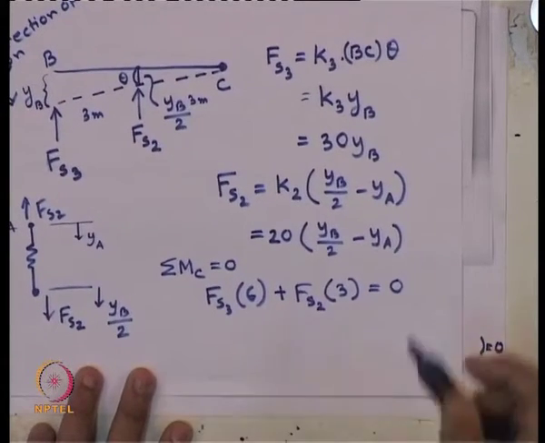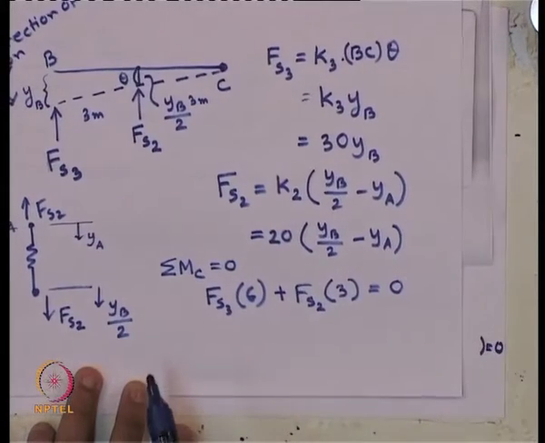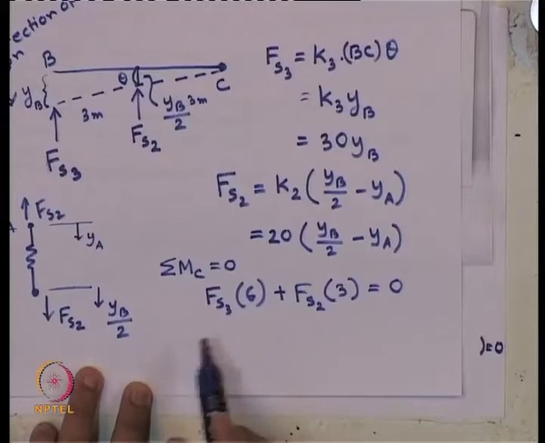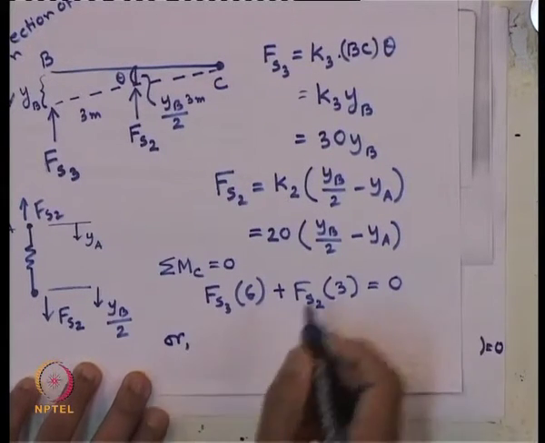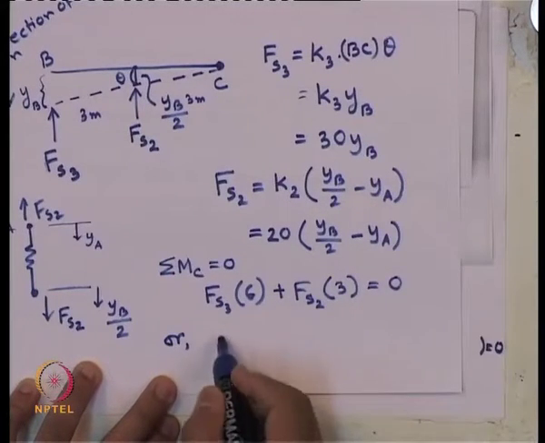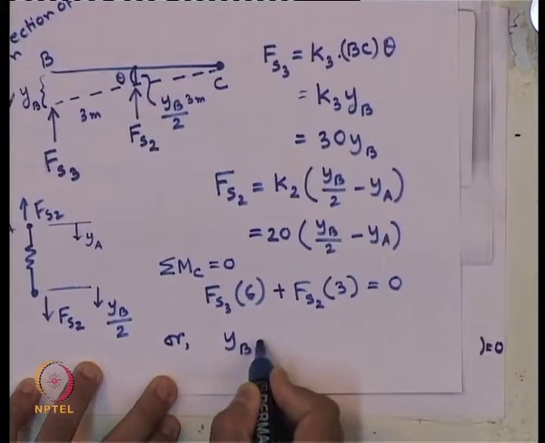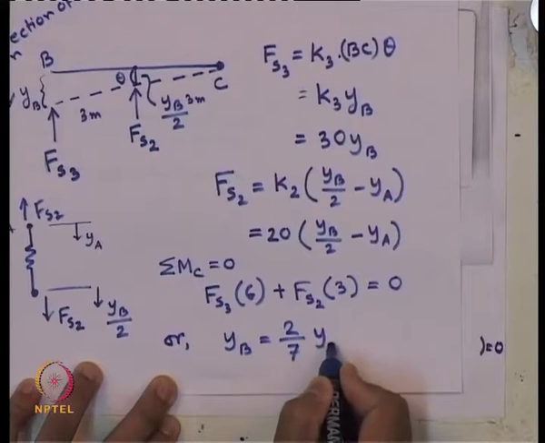Now, if we put the expressions of F s 3 and F s 2 in this equation of moment equilibrium, we will get a relationship between y b and y a. That gives us, on simplification, y b comes out to be 2/7 of y a.